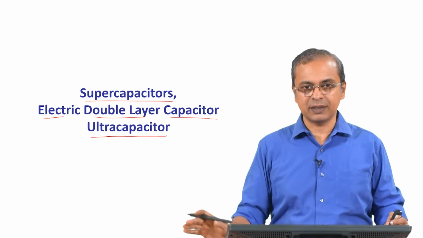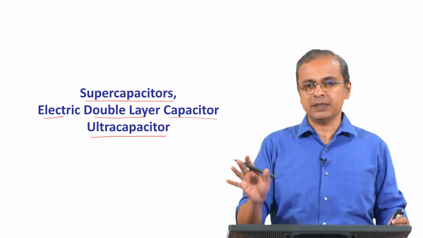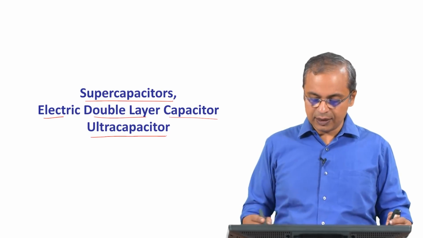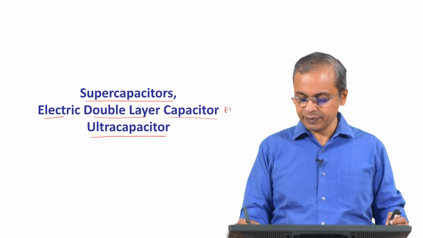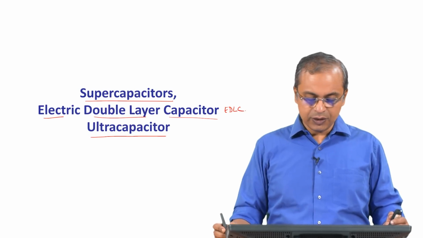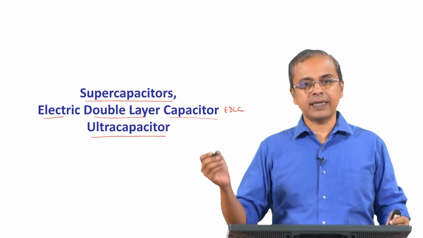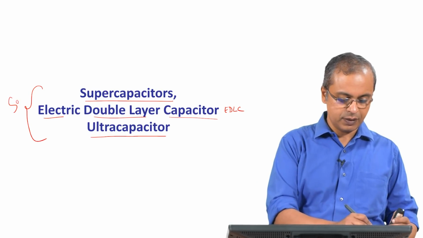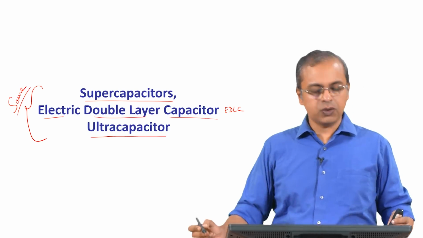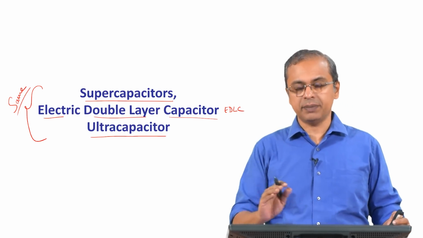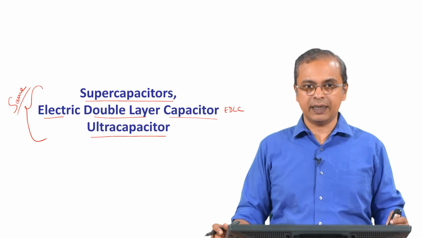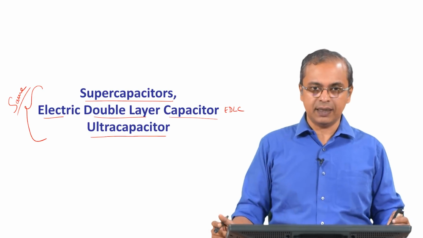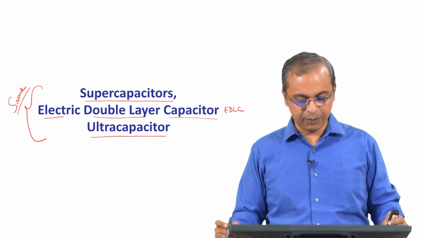A capacitor is something that is different, but these three terms that you see here, this is EDLC, something like that, supercapacitor, electric double layer capacitor, and ultra capacitor, they all refer to the same thing. So, we will call it supercapacitor for the course of this class, and this is just something that you have to keep in your mind.